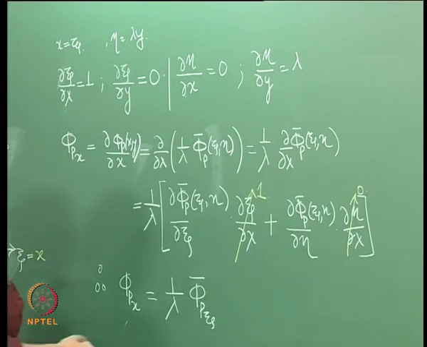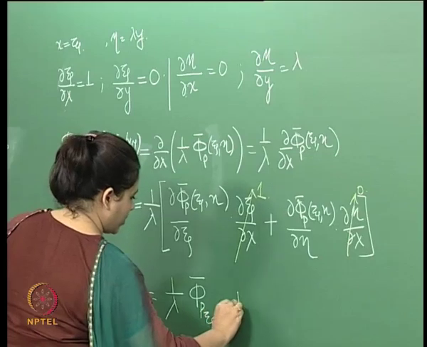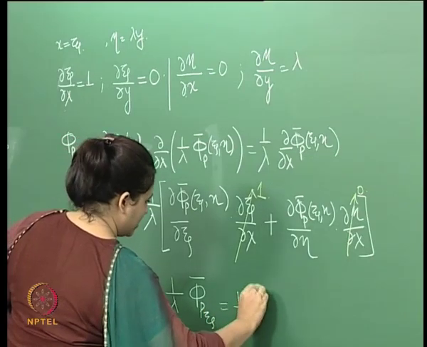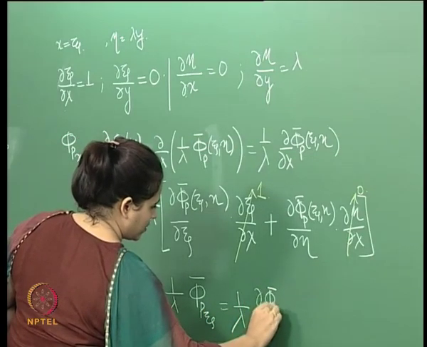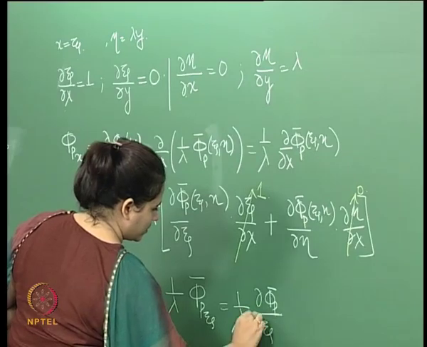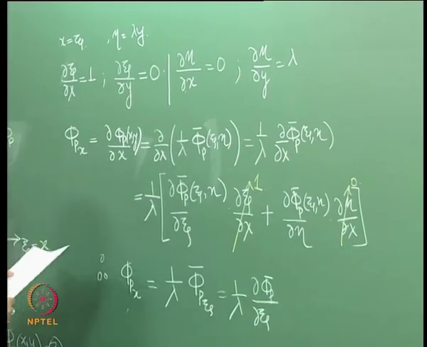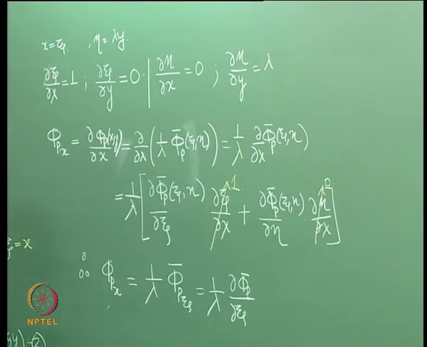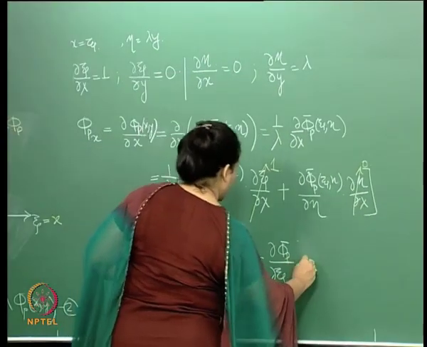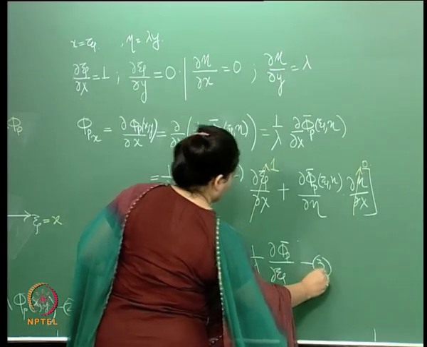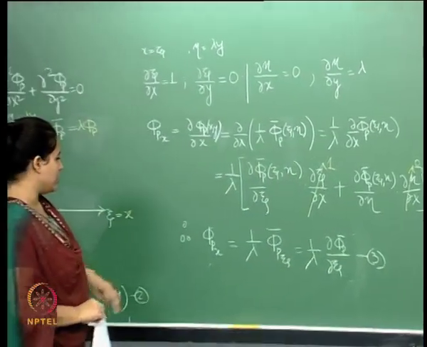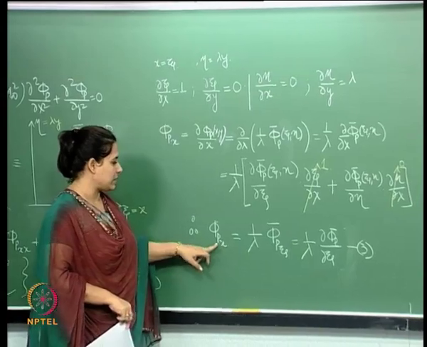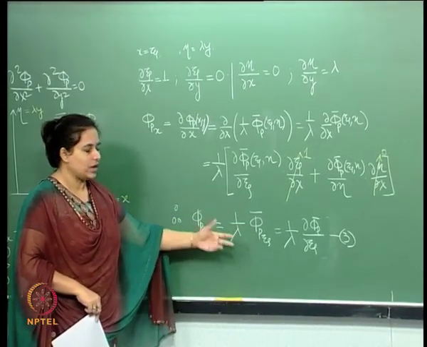You can write it like this, phi p zeta, or this is nothing but del zeta, isn't it? So, therefore, let me call this equation 3. Okay. So, phi p x is nothing but phi p zeta by lambda.